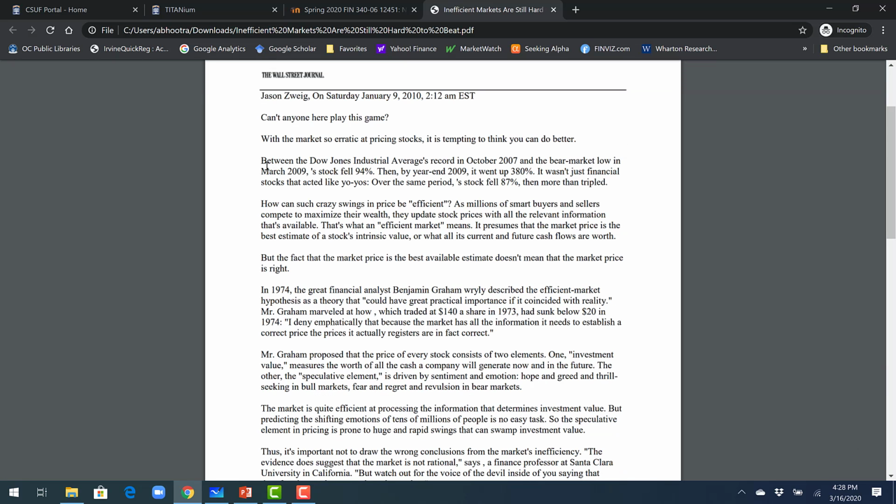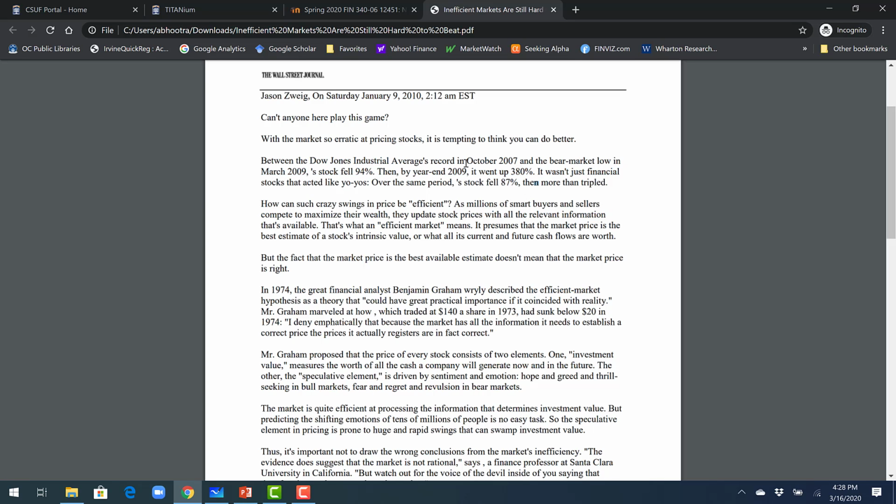So first of all, if you look at the data, some evidence: from October 2007 to March 2009, the stock market fell by 94%, right? This was during the financial crisis. March 2009 was the bottom, and then from March 2009 up until the end of 2009, December 2009, the market went up by 380%, right?